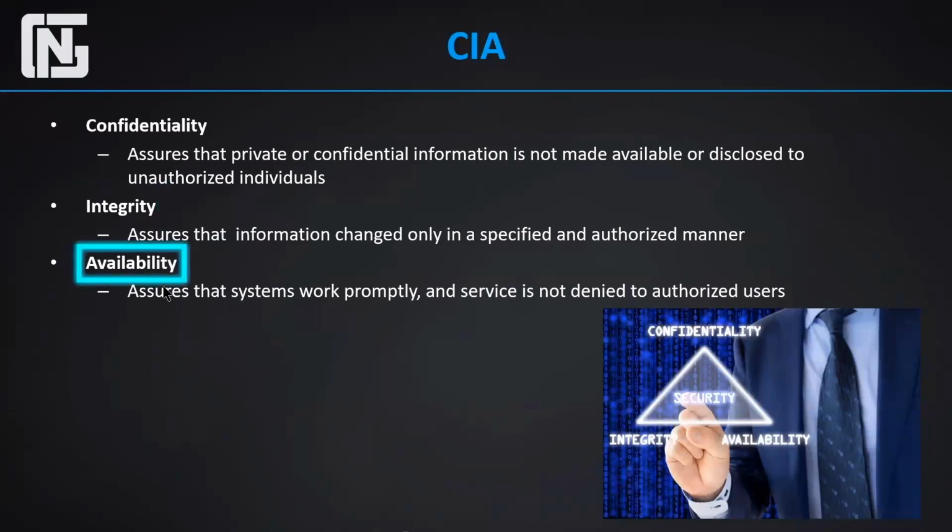Availability, on the other hand, ensures that the system works promptly and service is not denied to authorized users. For example, if the network or its data is not available to authorized users, perhaps because of a denial of service attack or maybe because of general network failure, the impact may be significant to companies and users who rely on the network as a business tool.